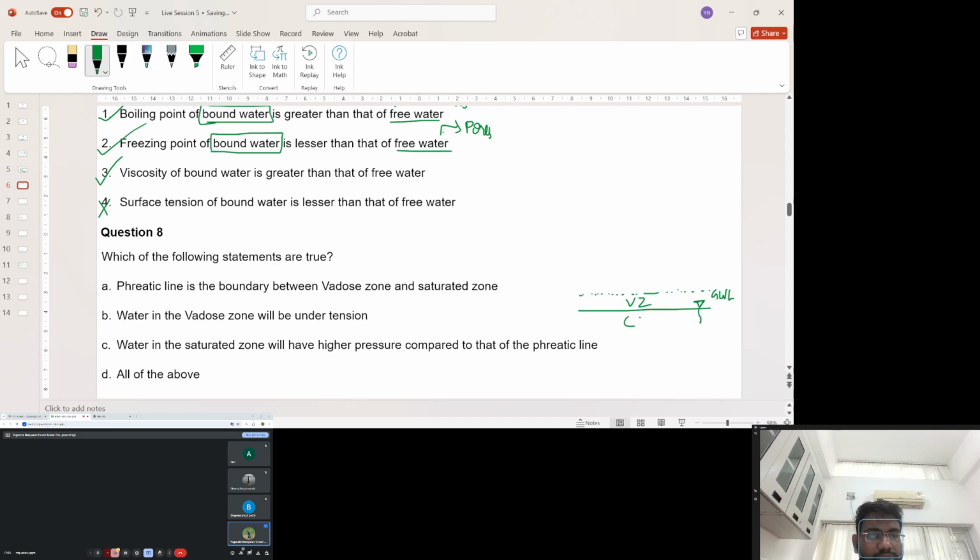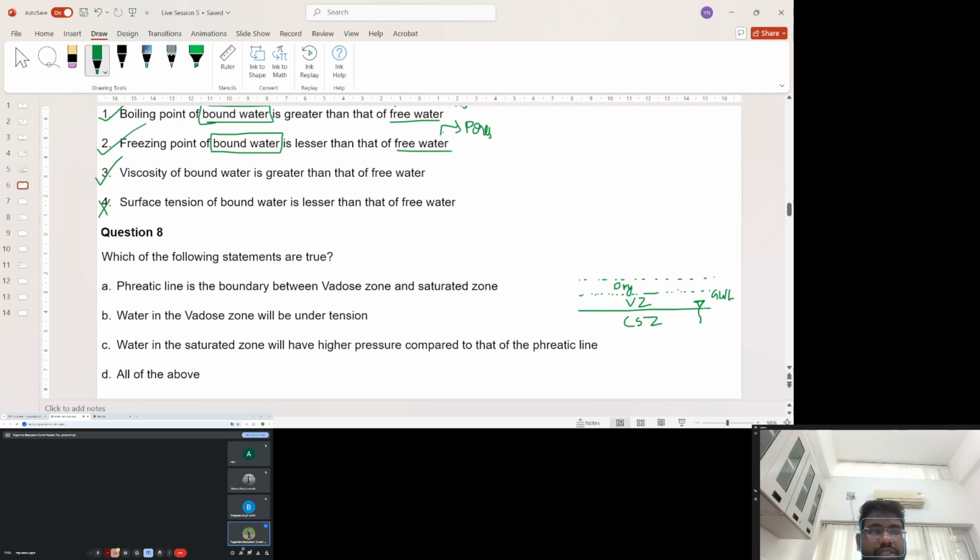Above that it will be dry, or sometimes hygroscopic moisture, but it is considered a dry zone. So dry, Vadose, and completely saturated zone.